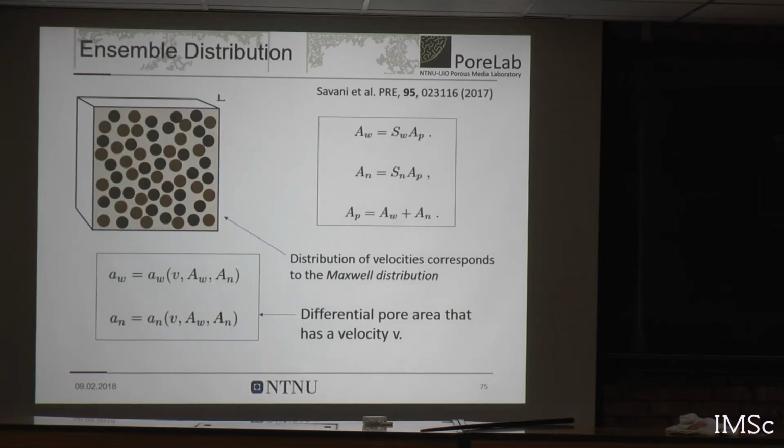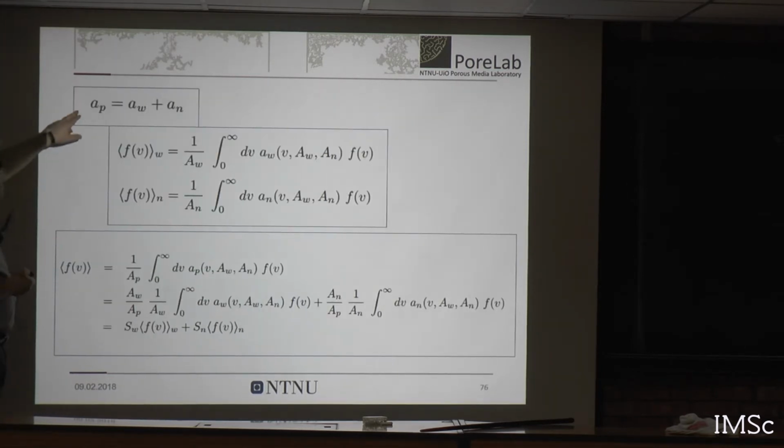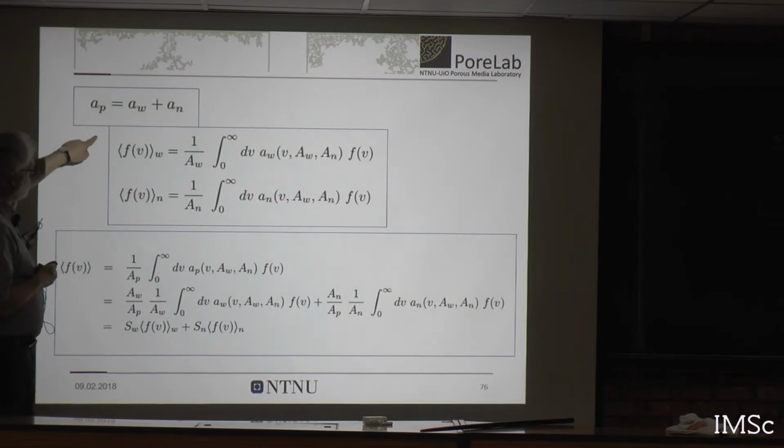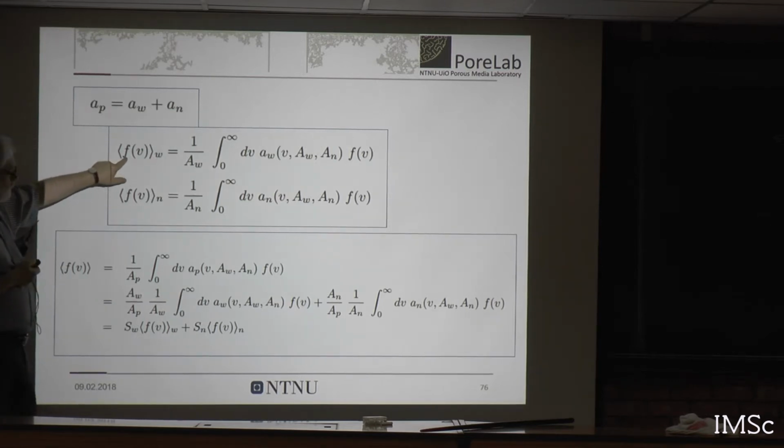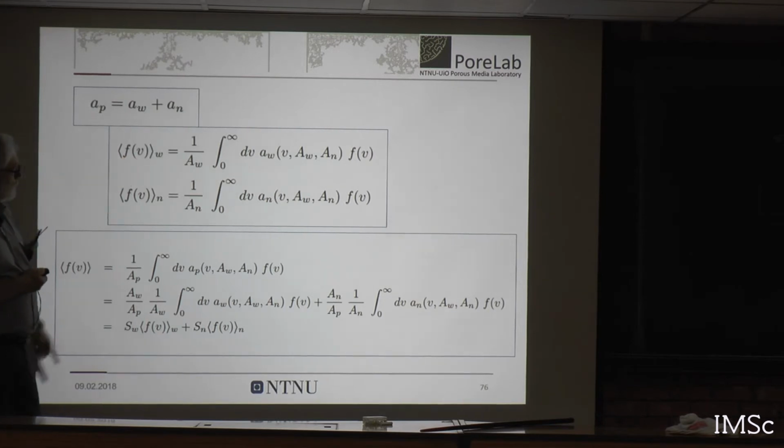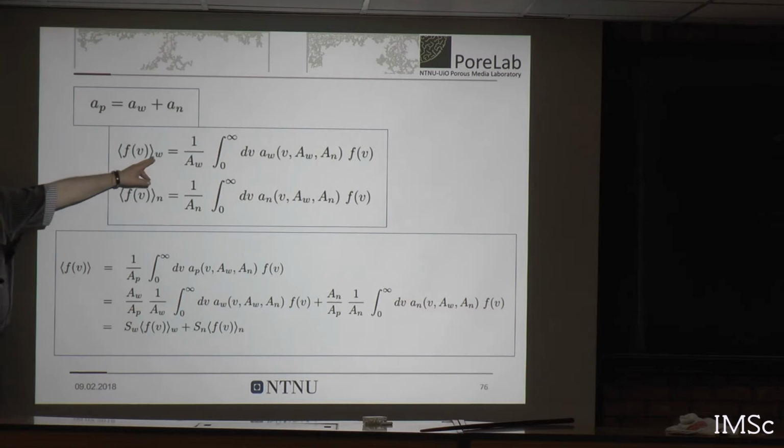All right, so I have now these two, and if I want to calculate the average of any function f of the velocity, well, I just have this one here and this one. And if I want it over both liquids, this was only over the wetting, and this is only the non-wetting, I just sum the two, and I end up with an expression like this. The wetting saturation times the average over the wetting part, plus the saturation of the non-wetting times the average over the non-wetting part.